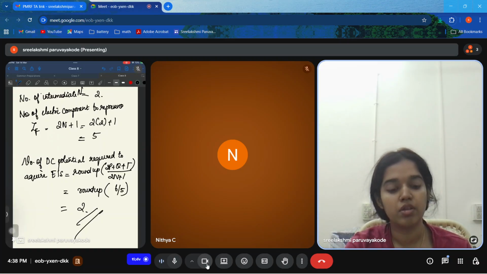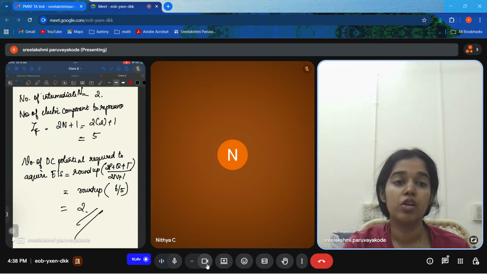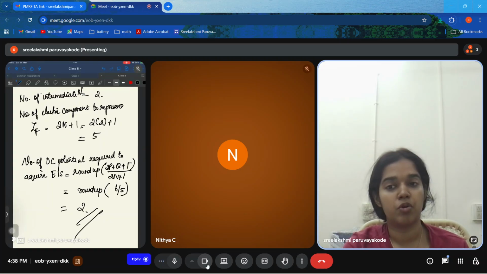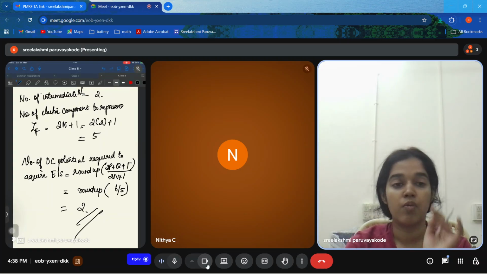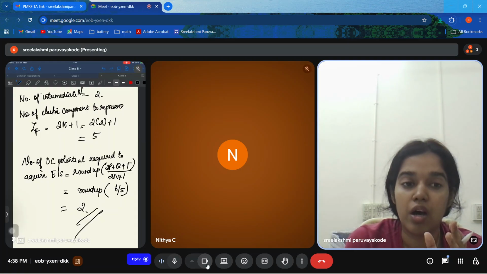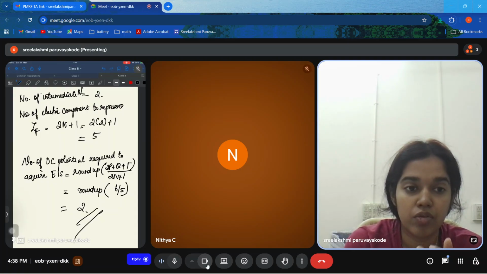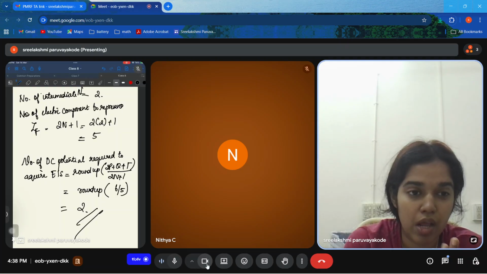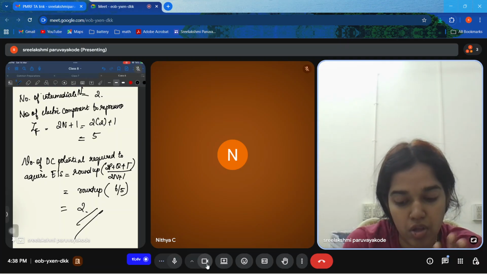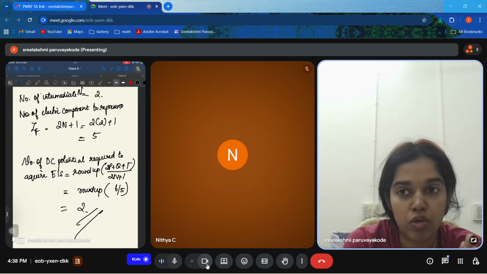In order to have confidence in the proposed mechanism, we need to collect data at multiple DC potentials so that we are able to map your mechanism parameters to the electric components with more confidence. So that is what we looked into in this class.